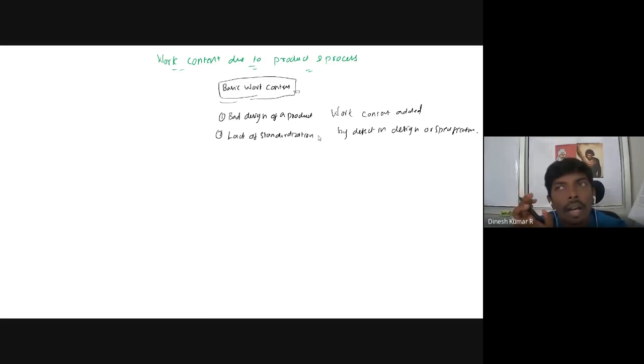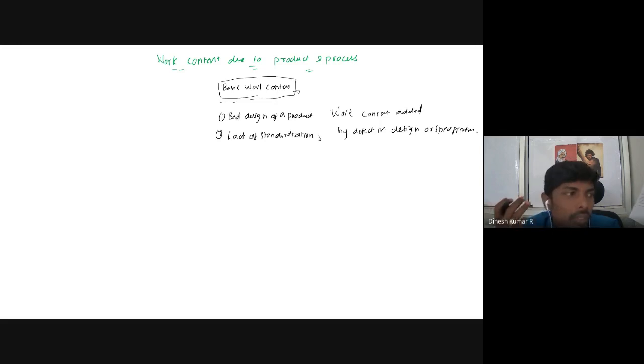I'll give a better example. Everything has an ISO standard and an ASTM standard. The International Organization for Standardization defines some standard for a particular product, and the American Society for Testing and Materials has a different standard specification for a product.